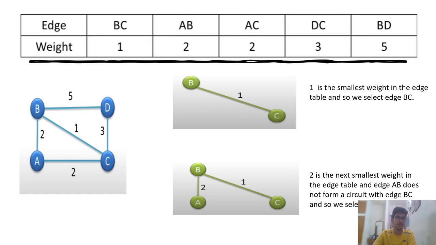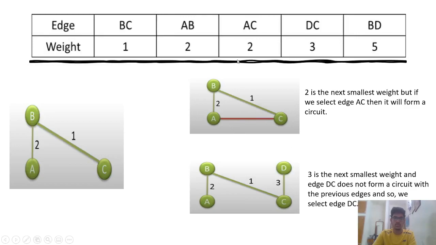But if in your edge table you had written the edge AC first, then you could select AC first and then AB. Now the third edge is AC, and 2 is the next smallest weight. But if we select our edge AC here, it will form a circuit, but a minimum spanning tree cannot form circuits, so we'll have to ignore this edge and forget about it.